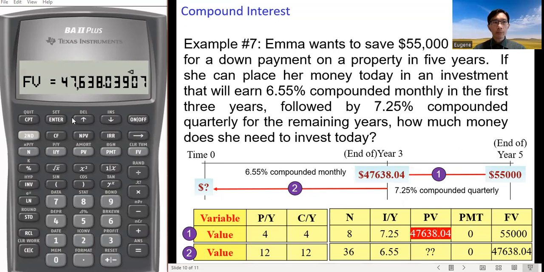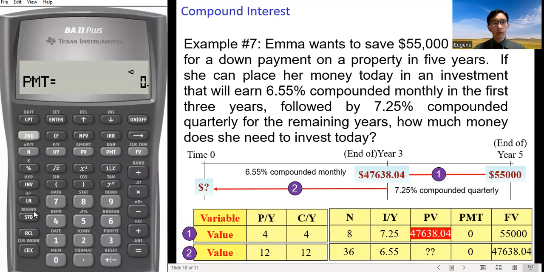Key in the remaining variables into the calculator, the frequencies, 12. And then 36 for N. IY, 6.55. 0 for PMT.